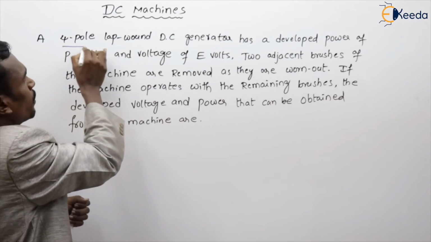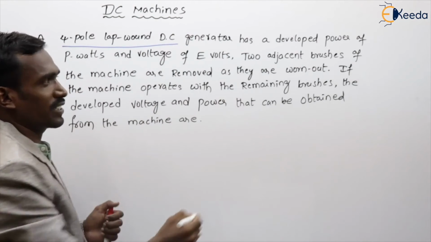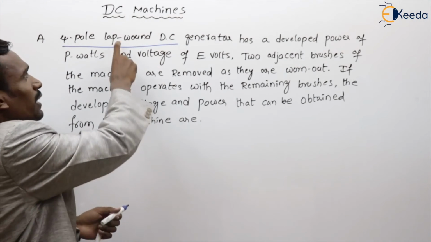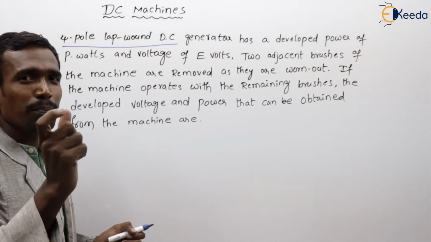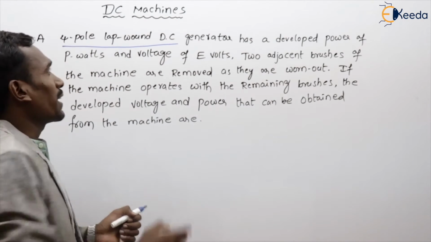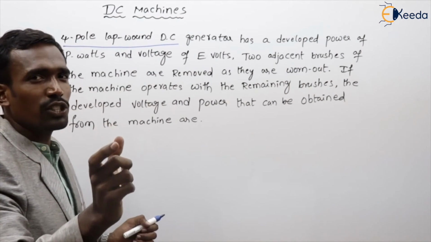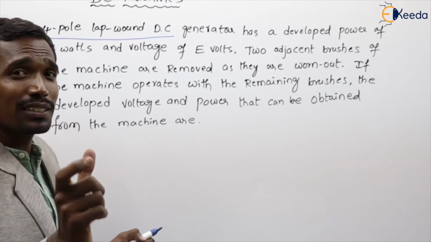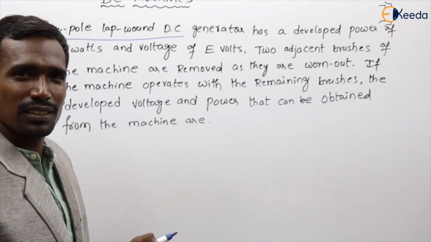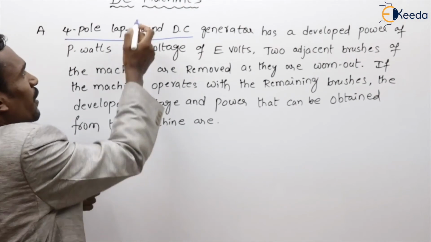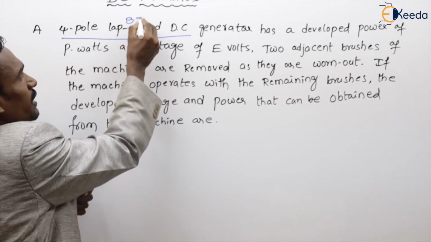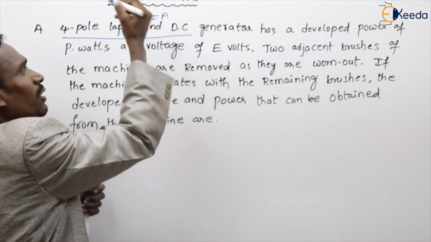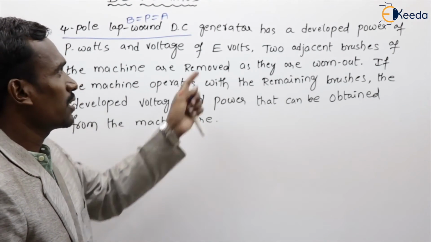Right? This is our question. A 4-pole lap-wound DC generator. Now tell me, for lap winding, how many brushes are we using? For lap winding, the number of brushes is equal to the number of poles, and the number of parallel paths is equal to the number of poles.